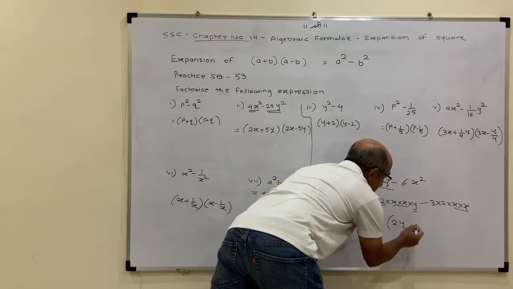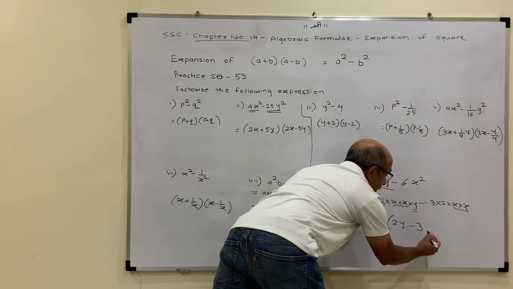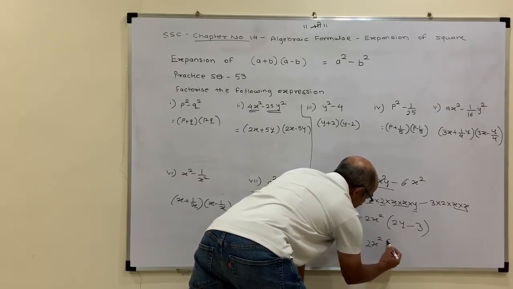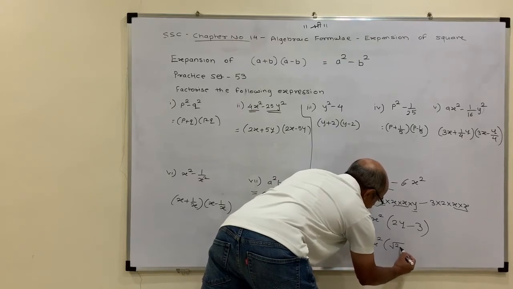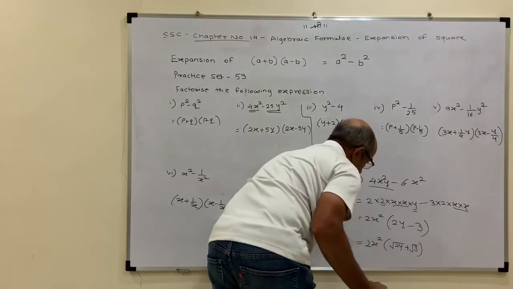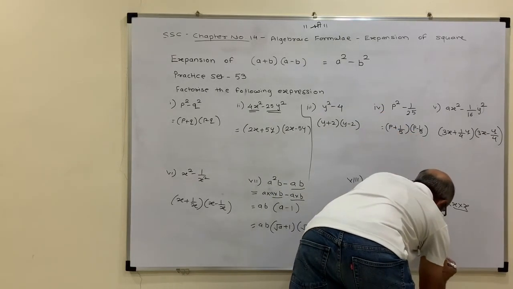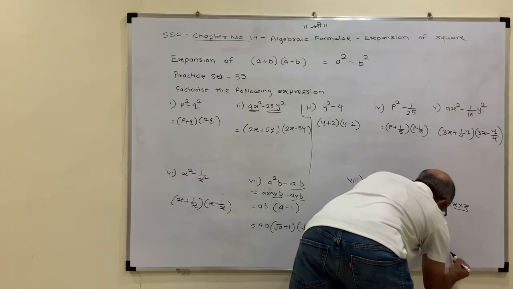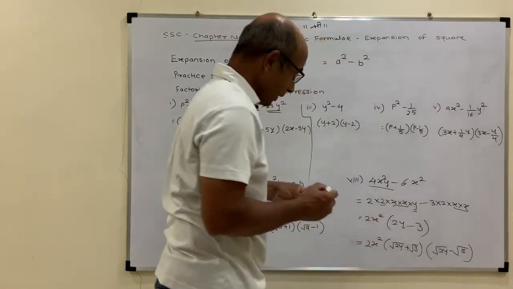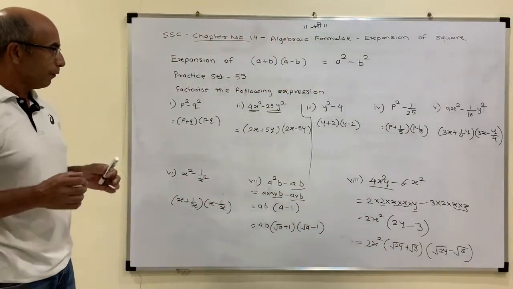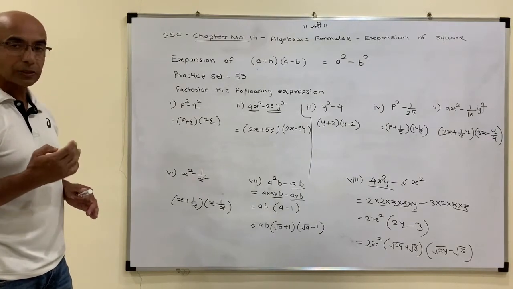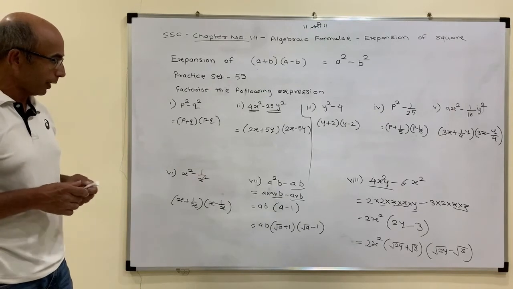So now I'll be writing 2x square into (square root of 2y plus square root of 3) into (square root of 2y minus square root of 3). If I multiply these terms, I should get 4x square y minus 6x square.